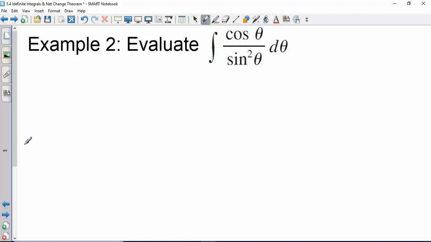No. So it's not really obvious right now where I'm going to go with this. Let's see if we could rewrite it at all. Sine squared, this is where those trig proofs come back into play. Remember where you had to rewrite all these things using all these formulas? Sine squared theta means you have two sines on the bottom.